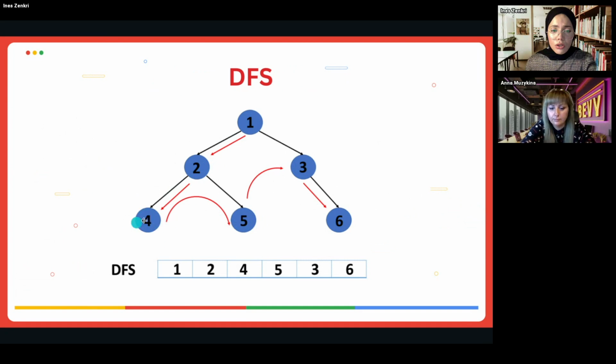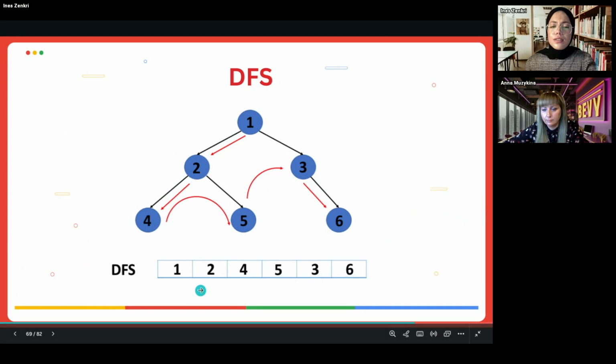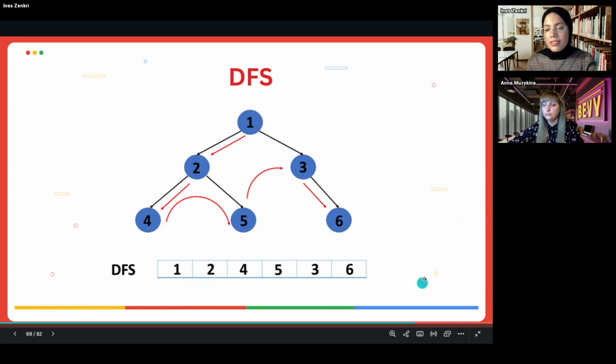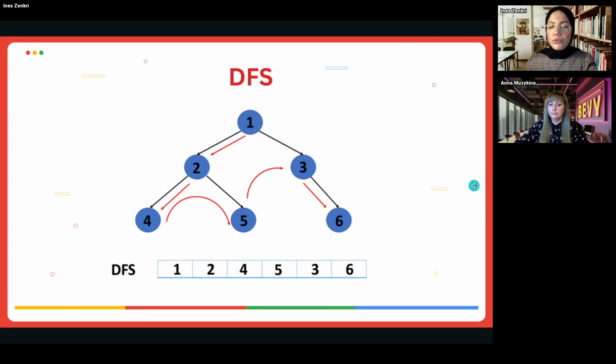So we reach the null node. That's why we go back to 2, and then we move to 5. And from 5, we go to 3 and 6 and so on and so forth. So the stack at the end will look like this: 1, 2, 4, 5, 3, 6. The BFS gave us 1, 2, 3, 4, 5, 6, but DFS has different results.